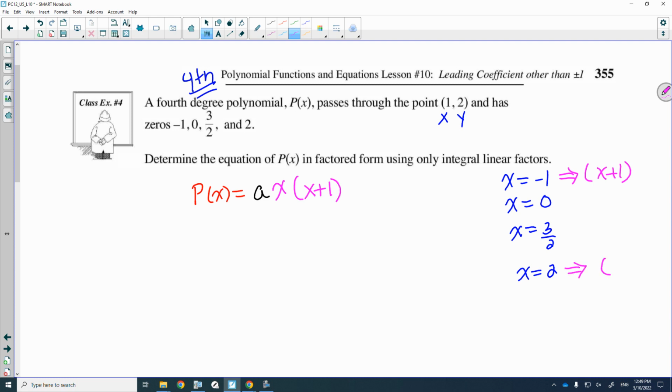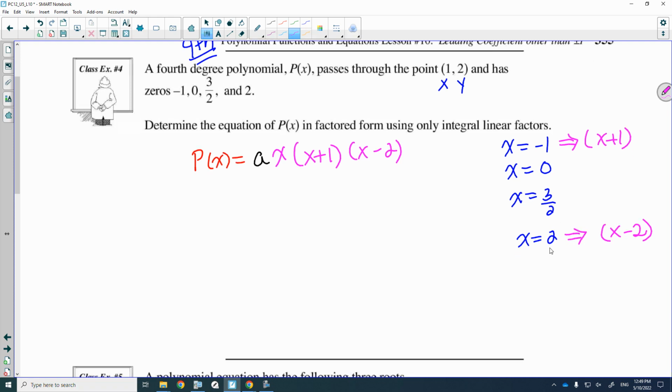That I know is going to be x minus 2. And do you remember how to get this one? Yes. So get rid of that divide by 2 by multiplying both sides by 2. And then you'll have 2x is equal to 3, which would be 2x minus 3.